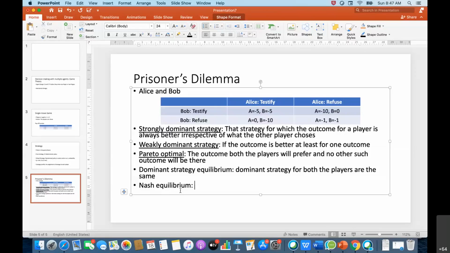Okay. Here you can say that these are the two equilibriums. Here, this is the dominant strategy equilibrium, and this is the weakly dominant strategy equilibrium.